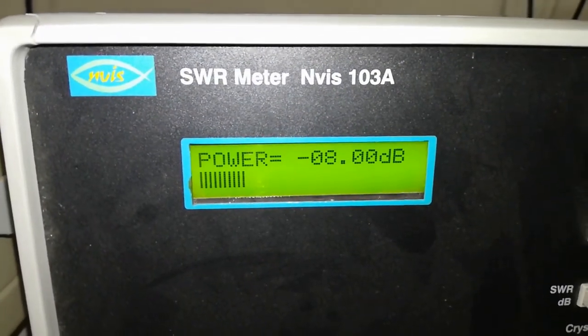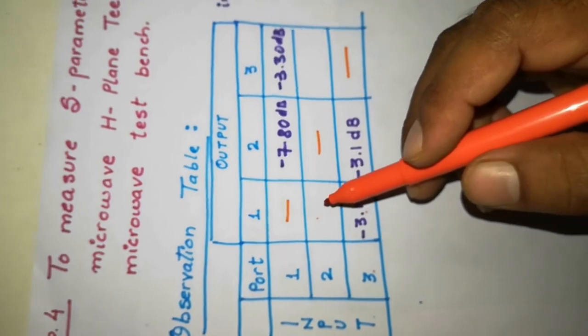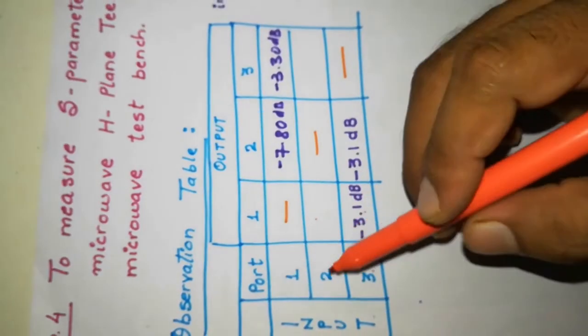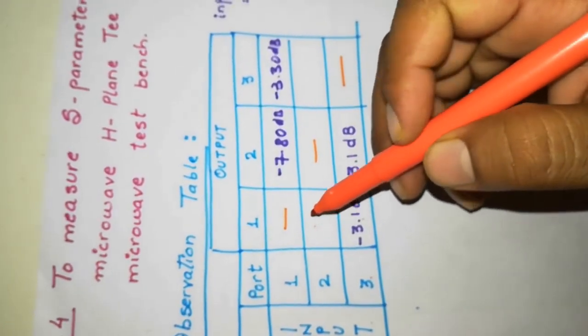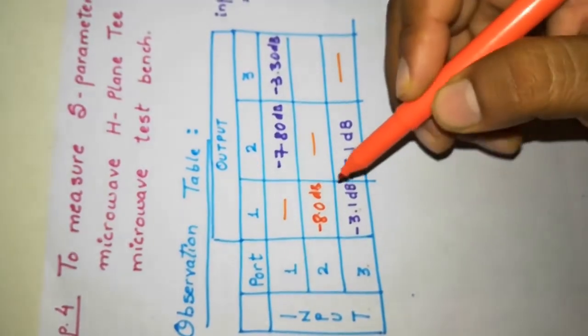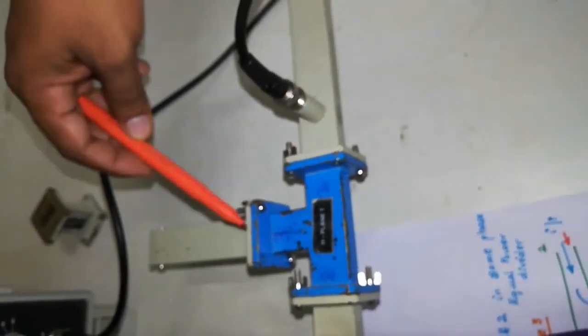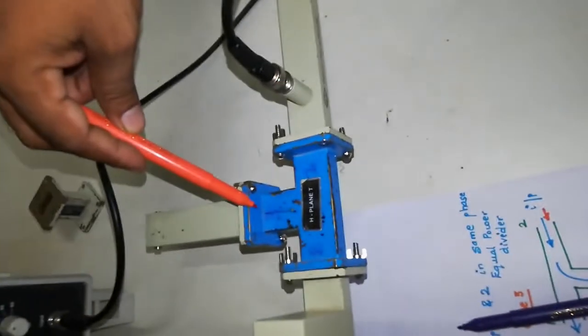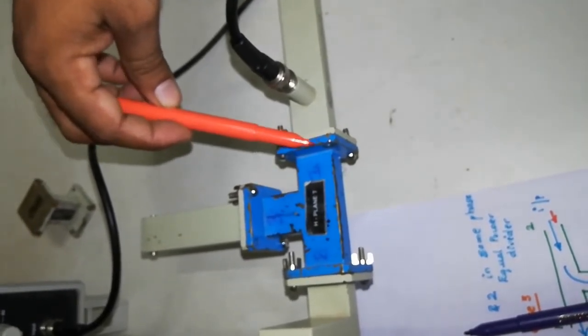From the power meter we can see the power measured is minus 8 dB. Now we will interchange these two to measure power at port number 3 and match terminate at port number 1.